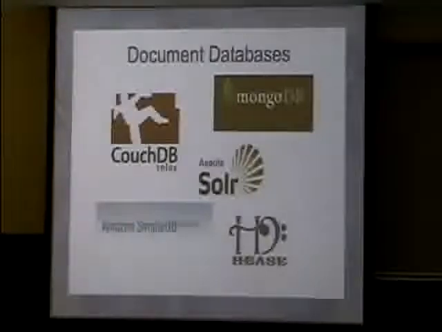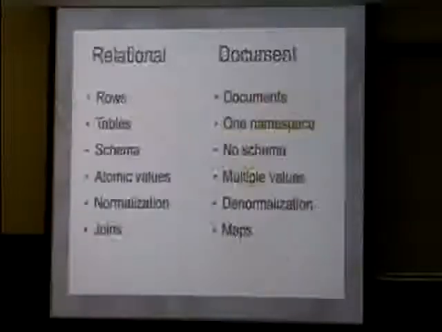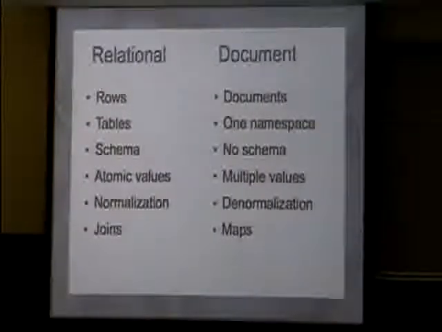Amazon SimpleDB is interesting because it's actually a service. It's not something you run. It's a service, it's always out there on Amazon's infrastructure, and you just use it through a very simple API. I don't want to go into too much detail about how these work, but I'll talk about just some of the general features that these types of databases have.